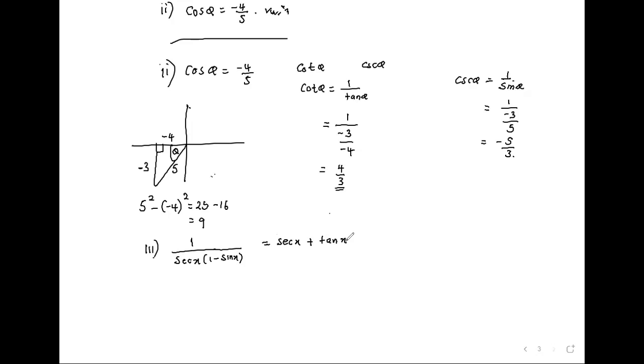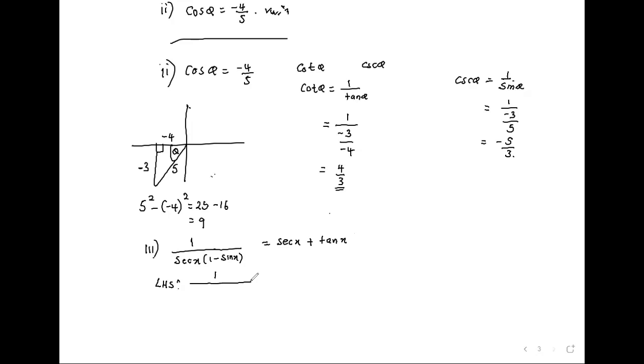So here, let's pick the left-hand side. For identities, we just change to sine and cos, whatever you're given.